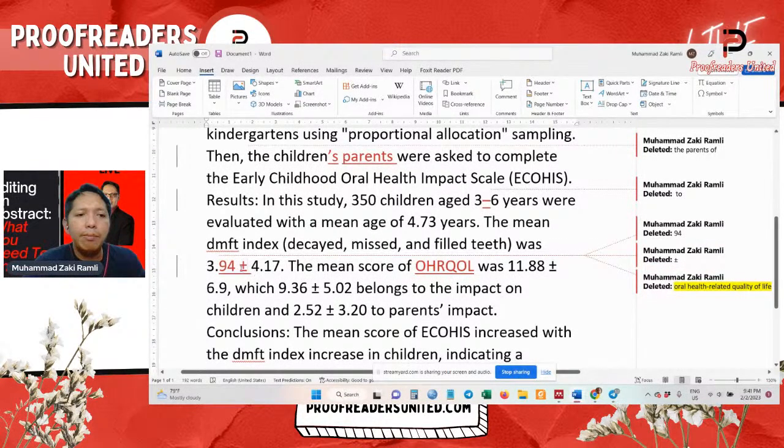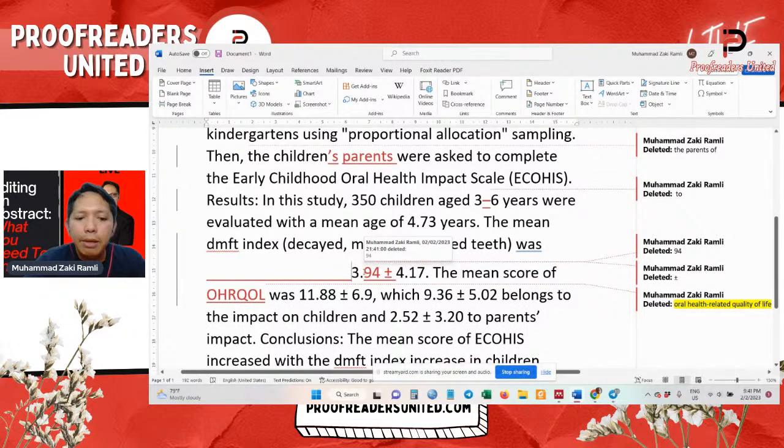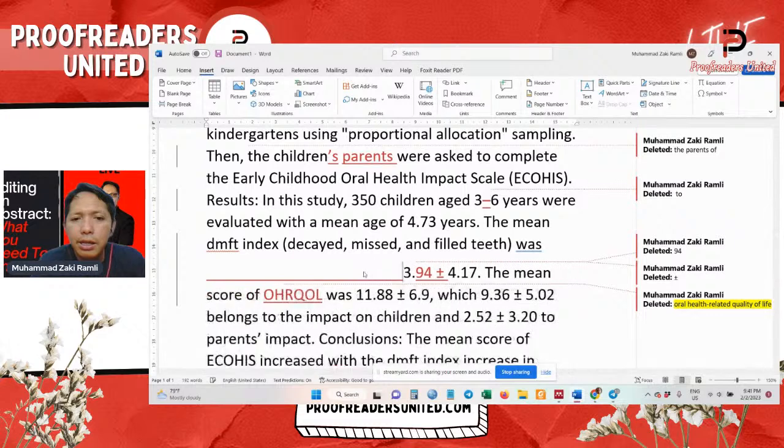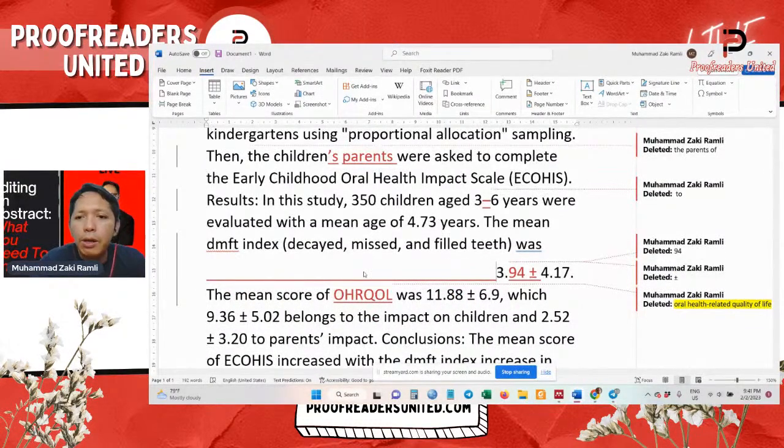Let me demonstrate it to you. You will find that, as I'm pressing the space bar, they will not be broken.